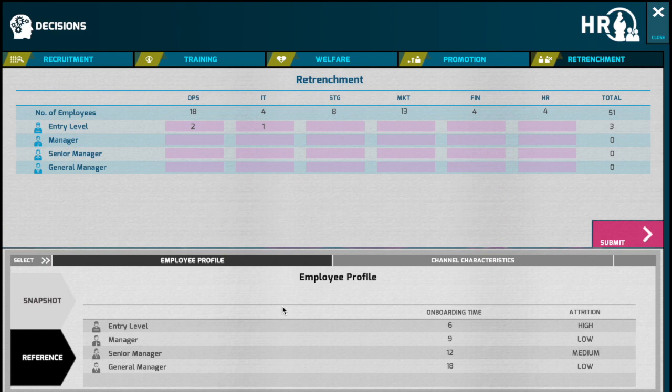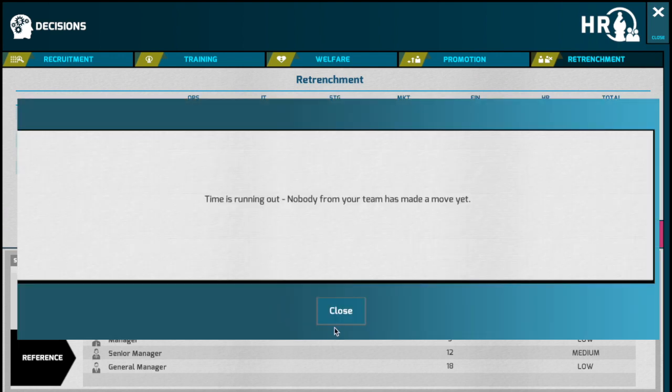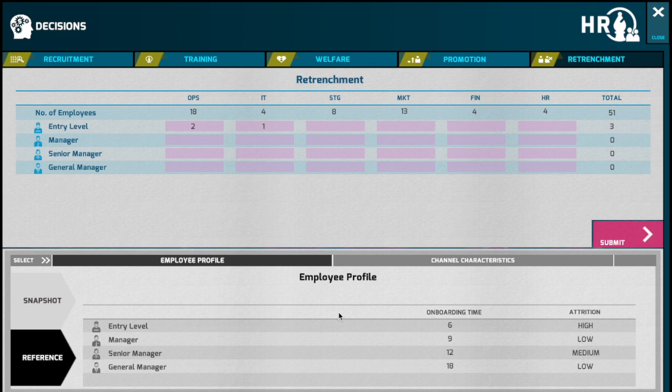Retrenching employees does have a negative impact on your Employee Development Index, and in order to retrench employees, you just would need to enter the number of employees that you would like to retrench across various departments and designations and click on submit for the retrenchment to happen. Employees get retrenched and you also have a negative impact on your employee development.